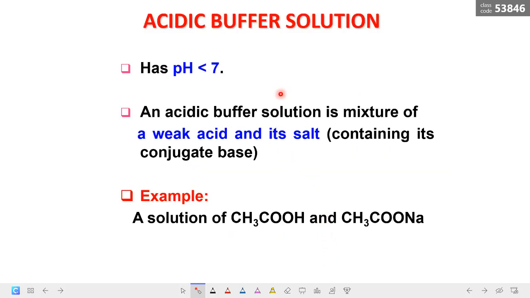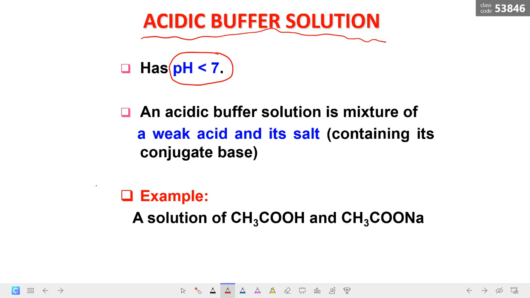Okay, so now let's focus on acidic buffer solution first. Acidic buffer solution has pH less than 7. And acidic buffer solution is a mixture of a weak acid and its salt. Jadi untuk acidic buffer solution, pH-nya mesti kurang daripada 7.